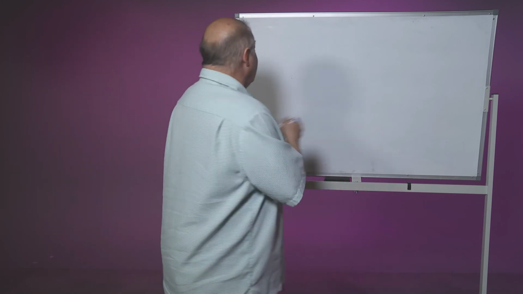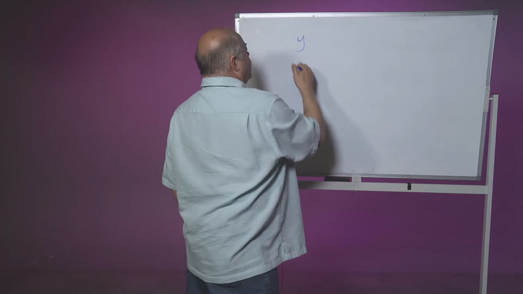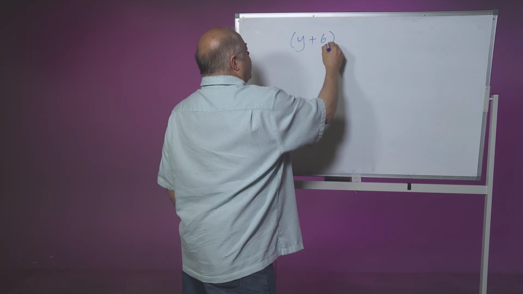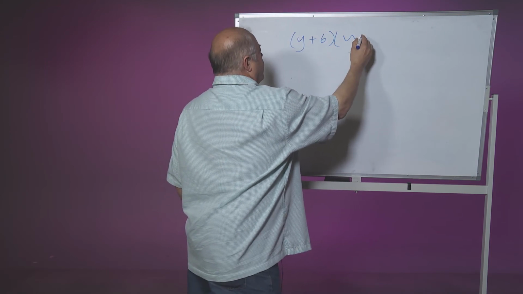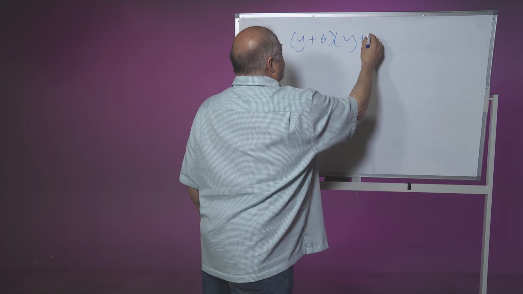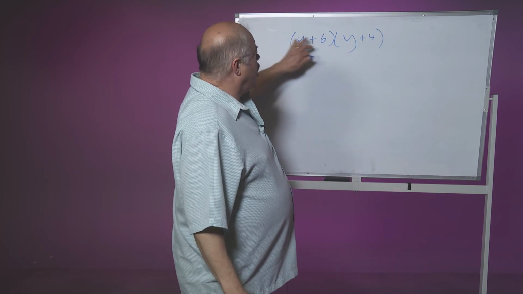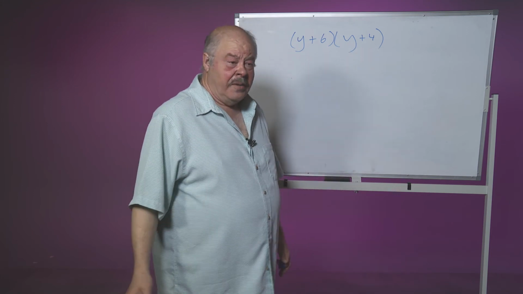So let's say you have a binomial. It just means that there's two terms. And you have to multiply these together. You have y plus 6 all times y plus 4.